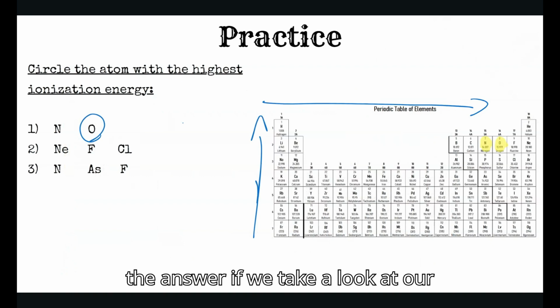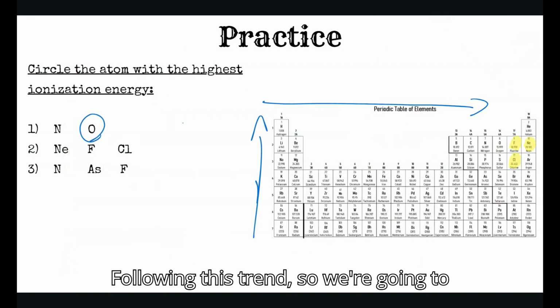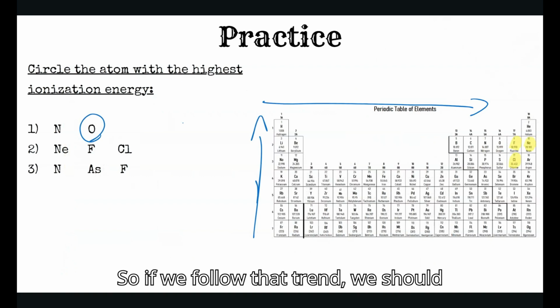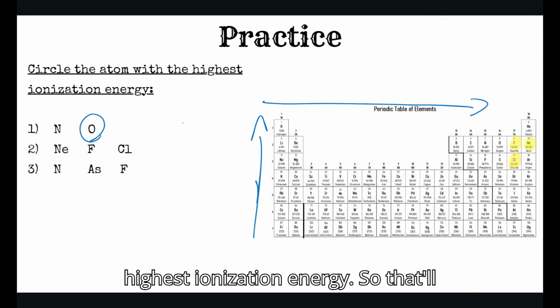If we take a look at our next one, we have neon, fluorine, and chlorine. Following this trend, we're going to increase up and increase to the right. If we follow that trend, we should notice that neon is going to have the highest ionization energy.